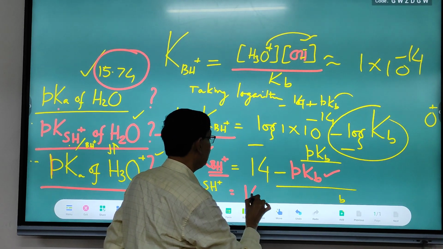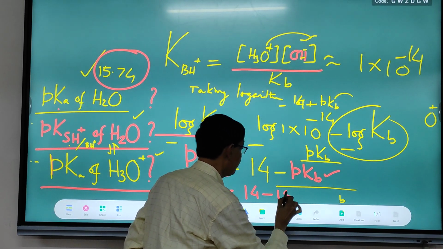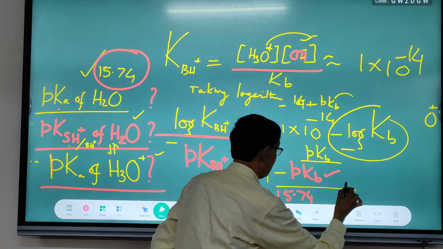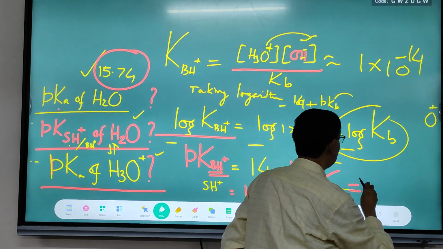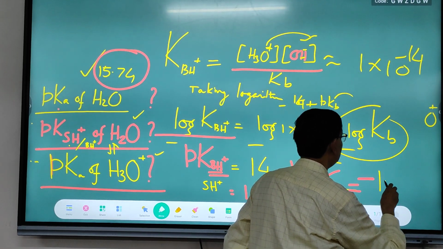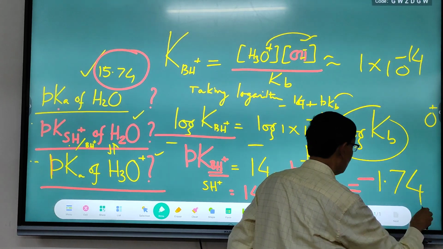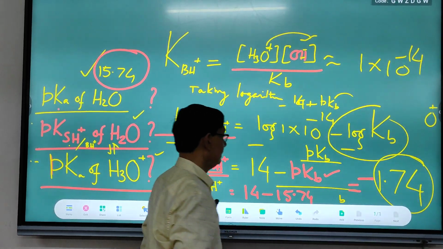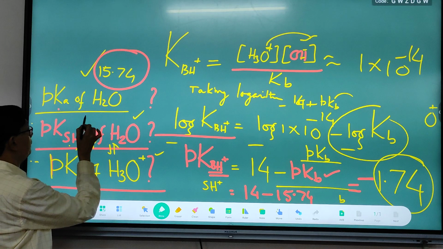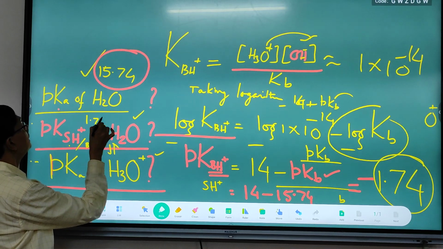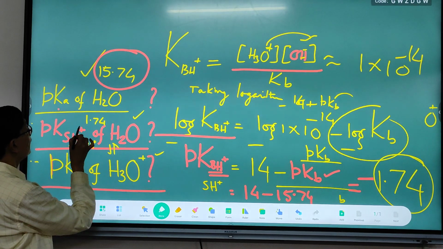So 14 minus 15.74, our result is equal to minus 1.74, is the pKBH of H2O.